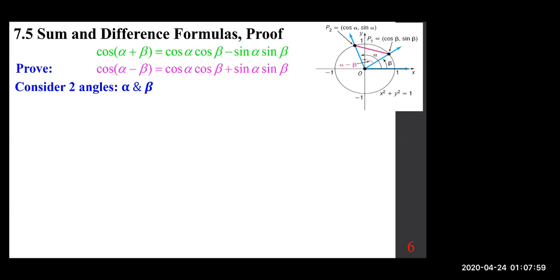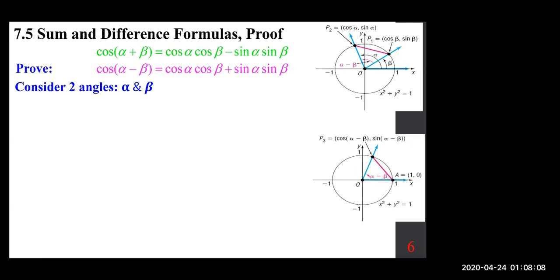Now we are going to come up with an angle of alpha minus beta as follows. If that is the case, then this point, which we are going to call P sub 3, is represented by cosine comma sine.